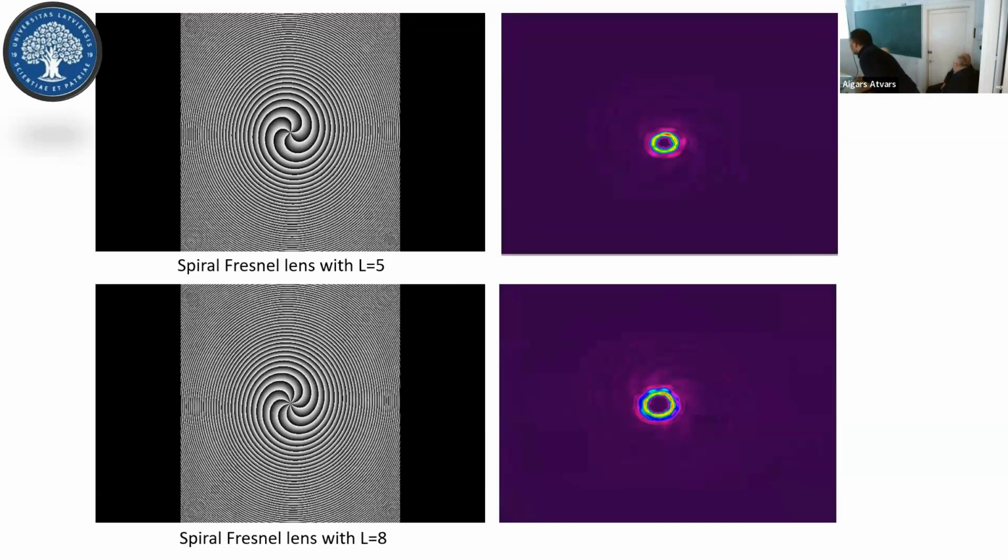I have also investigated some more phase masks, like a spiral Fresnel lens with L equal to 5 and a spiral Fresnel lens with L equal to 8. Here the topological charge is 5 for the structured light, and here the topological charge is 8. So the conclusion is very simple.